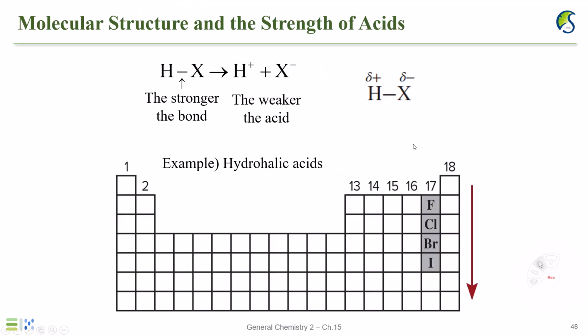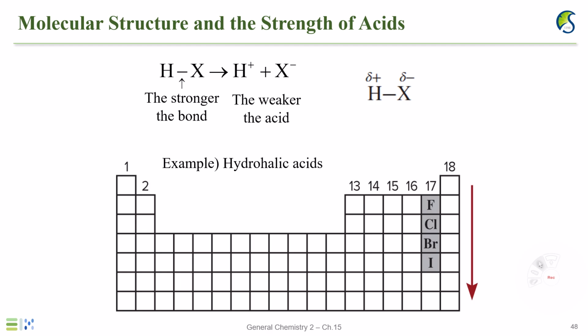Okay. Let's move on to a little more qualitative understanding of the strength of acids. So far we approached it quantitatively, 정량적으로, by using Ka. But from this page, let's try to understand the relative strength of acids in a qualitative way, 정성적으로.